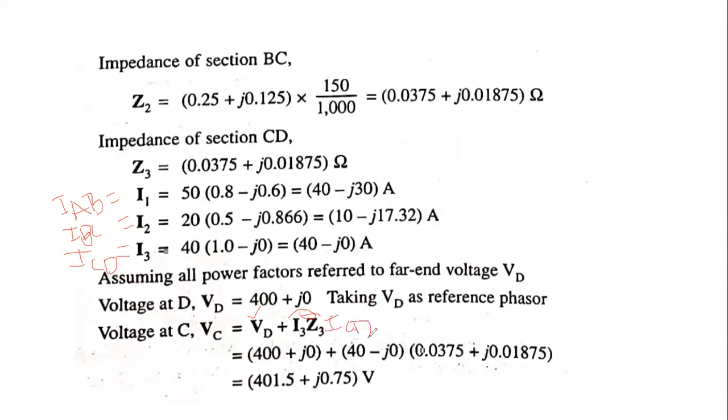That will be calculated: the I3 value and Z3 value, and then substitute to get the voltage drop across the C to D section, VCD. VC is VD plus VCD. Then we substitute all these values and easily obtain the VC value.